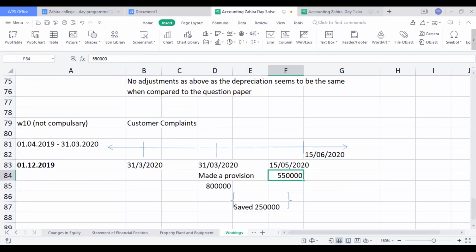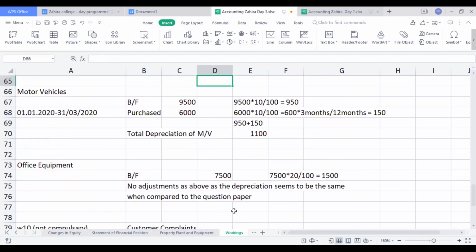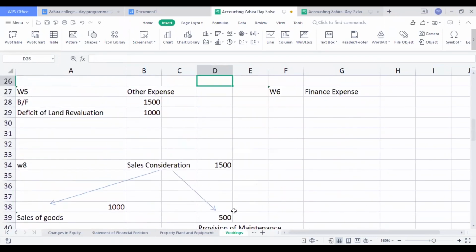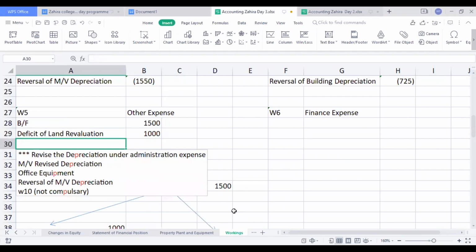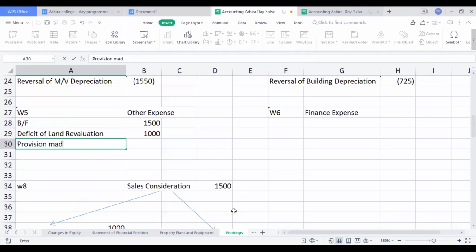Here they have saved 250,000. This is a part of other expenses. So what I will do is I will take this 800,000 under other expenses. All right. Provisions made was, how much we made.